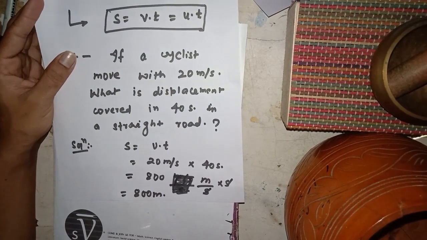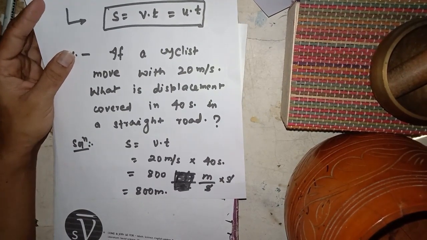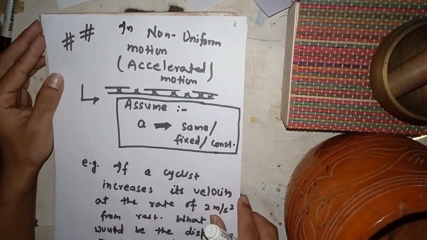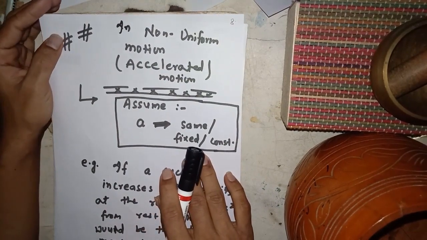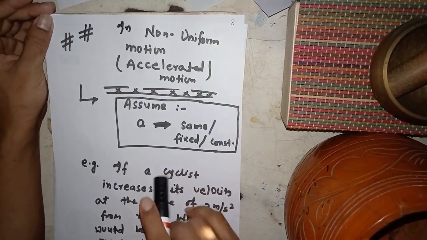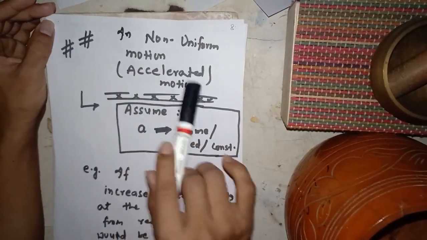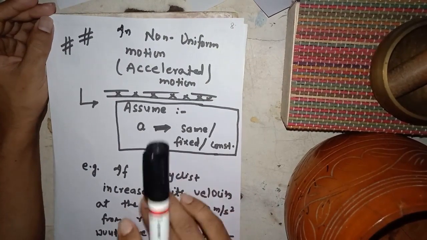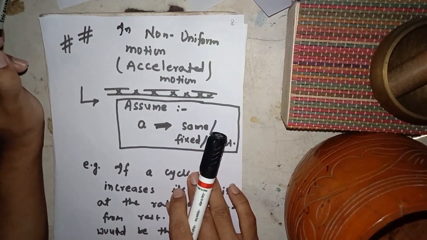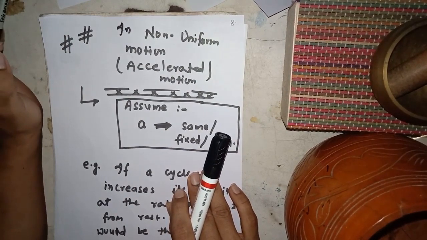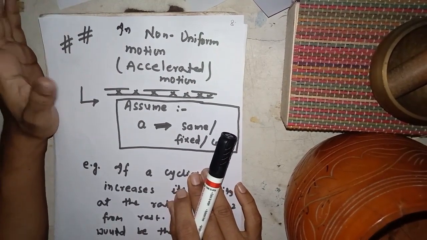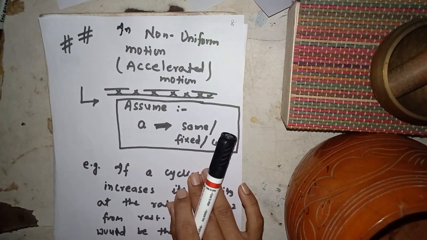But if we take non-uniform motion, what will happen? In your class, you must assume that acceleration is constant everywhere, because this is a simpler case for non-uniform or accelerated motion. Otherwise it may be complex.